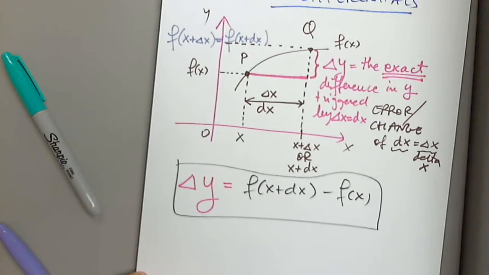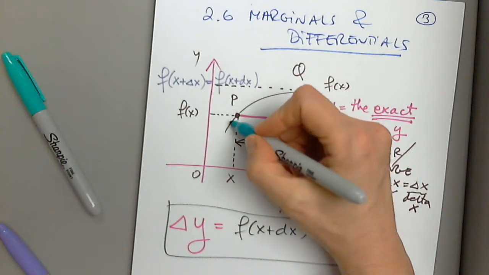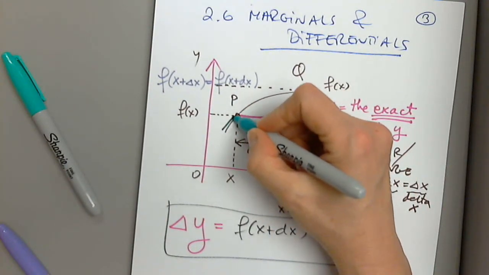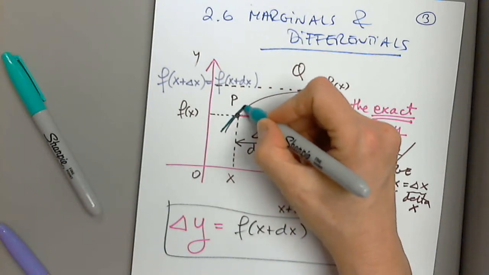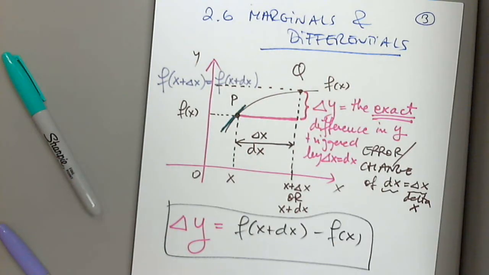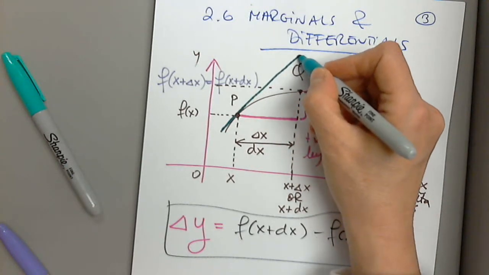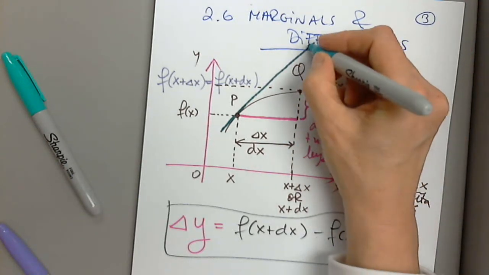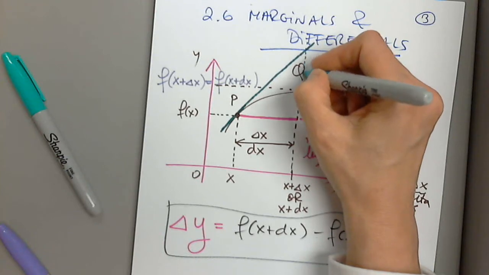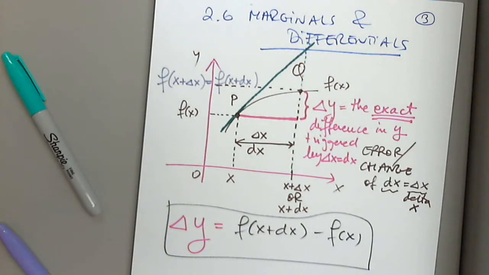Perfect. Now I would like you as the next step to draw the tangent at P. Extend the tangent at P till it crosses the vertical through Q. You understand that all this is absolutely huge.